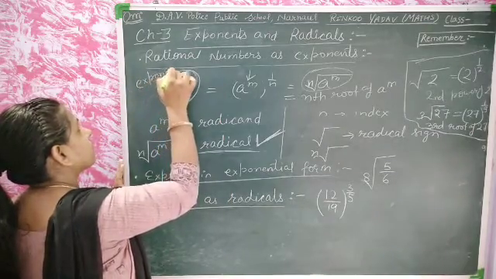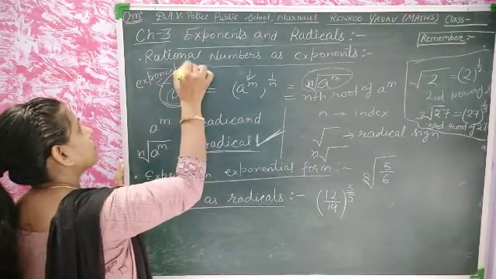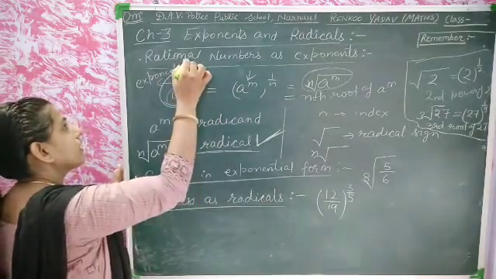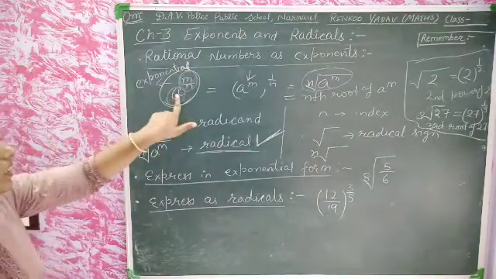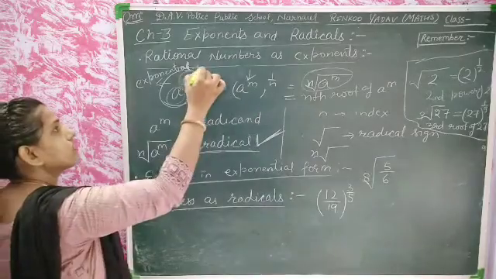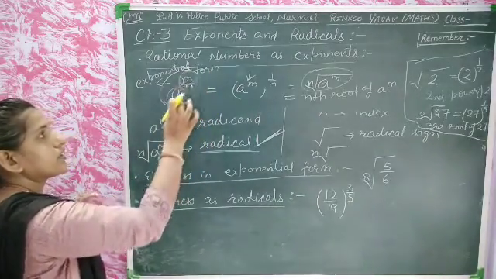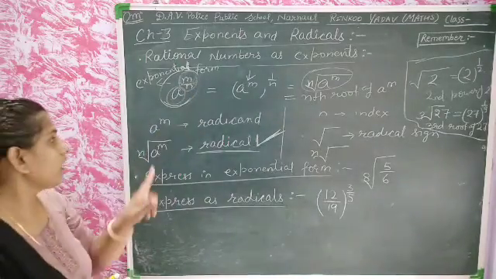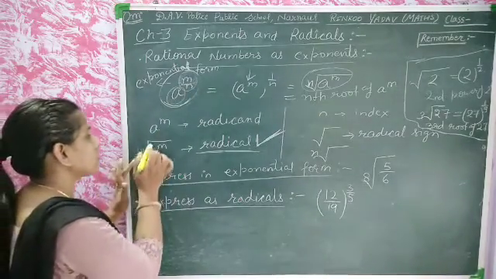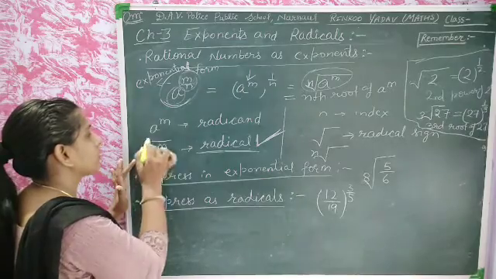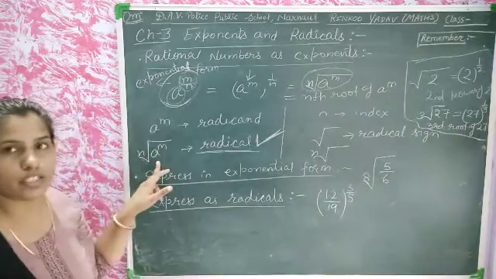Both are very, very important things. You have to remember how we name them. This is named the exponential form because this is the exponent form, and this is the radical because there is the square root with the nth root sign.